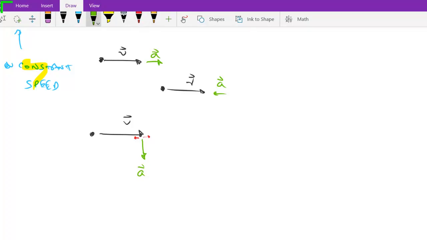So if we have an acceleration which is perpendicular to the velocity, then it only causes the particle to change directions as opposed to speeding up or slowing down. So in this case, if the particle was traveling off to the right, it would be turning to its right. It would be going around like this, right? Assuming it's facing the forward direction.